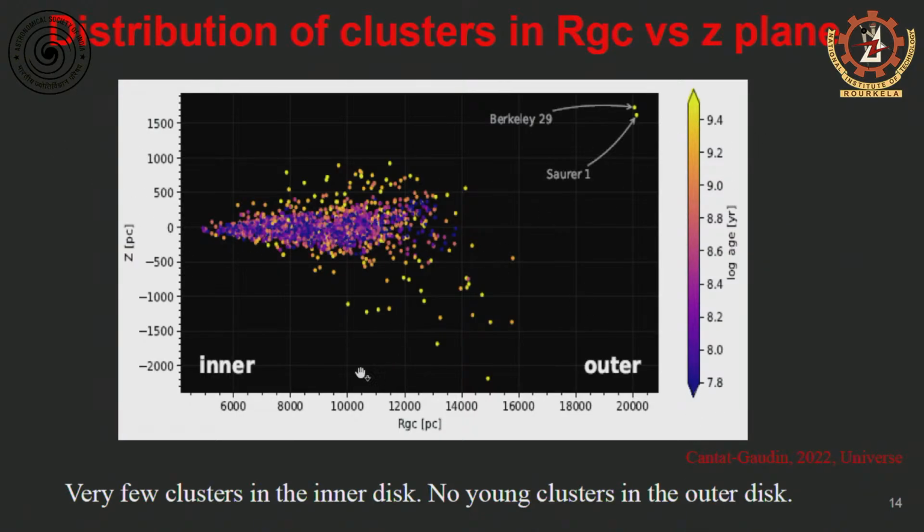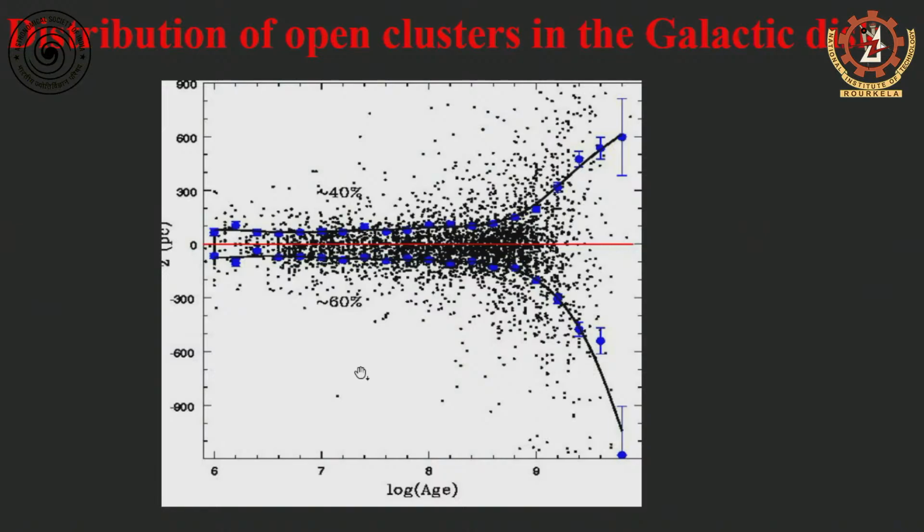To clarify it more, I have drawn the number of star clusters within a log h versus age plane, where the distance of the star clusters from the galactic plane is given as a function of their log age. And you can see here again, these young star clusters are lying very close to the galactic plane, the galactic disk, and as they evolve, they leave the galactic disk.